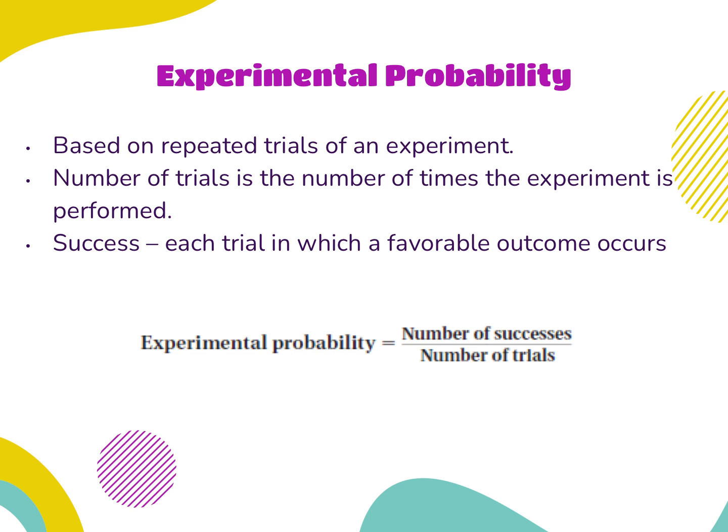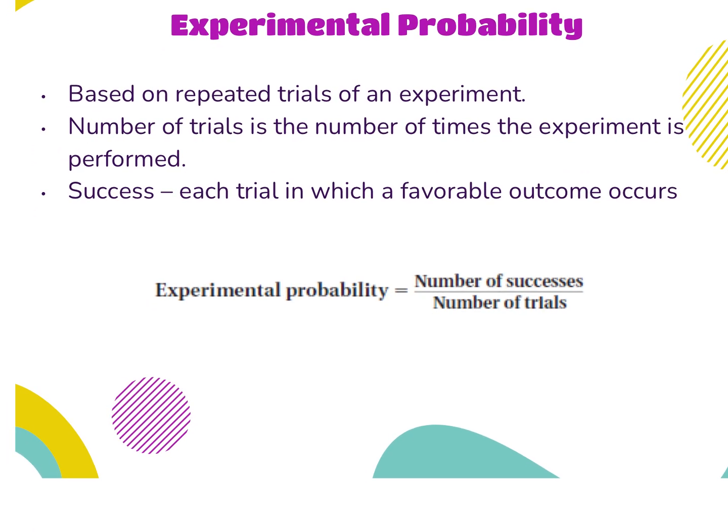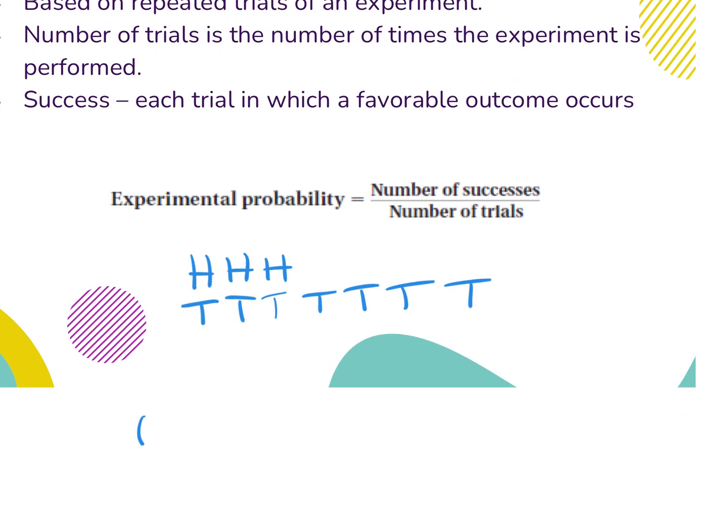But when you actually do an experiment, let's say you flip it 10 times and you record the results. So let's say I flipped it 10 times, and let's say it landed on heads 3 times and then tails 7 times out of the 10. Then if it asked me to find the probability of heads experimentally, there would have been 3 out of the 10, or 30%.